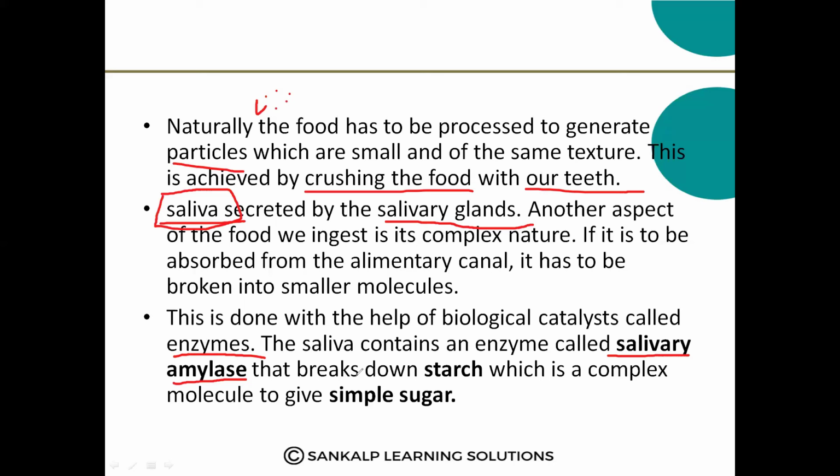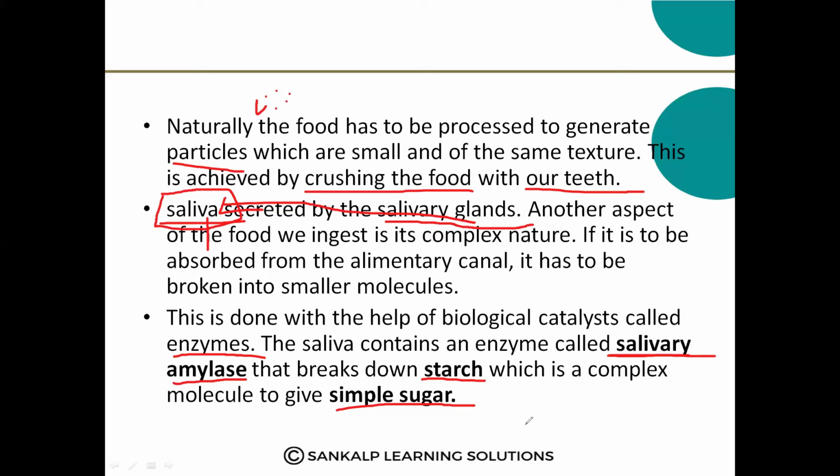This salivary amylase helps to break down the starch present in the food into simple sugar. Very important: in our mouth there is a gland called the salivary gland, and this salivary gland secretes saliva, and saliva has the enzyme called salivary amylase. What is the function of the salivary amylase?